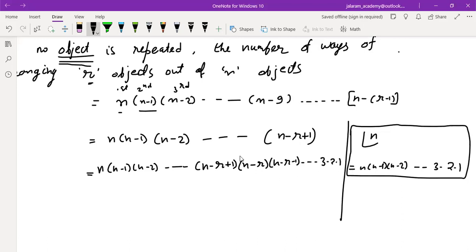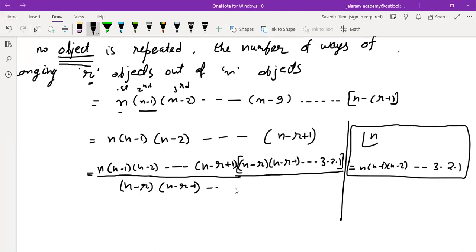Is that clear to you? If we multiply something to make it factorial n, we have to divide by the same also. Understood? N minus r into n minus r minus 1 and so on up to 3 into 2 into 1.